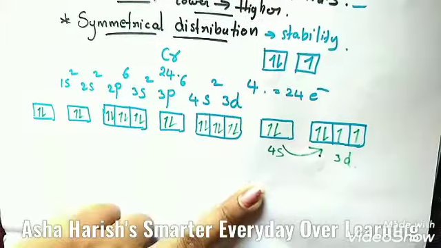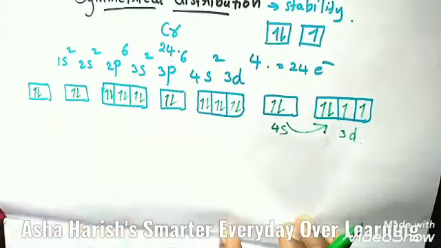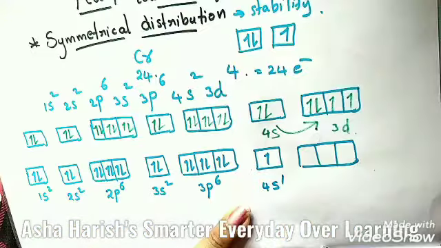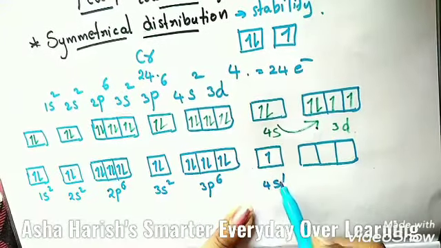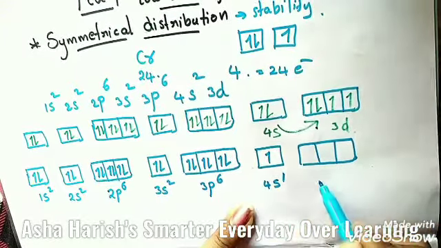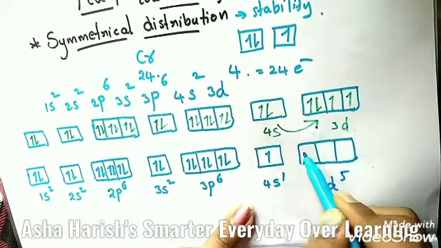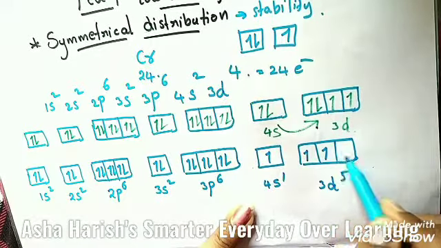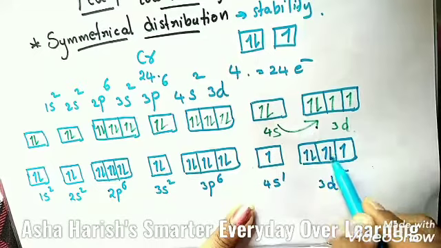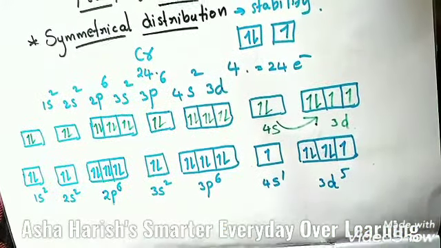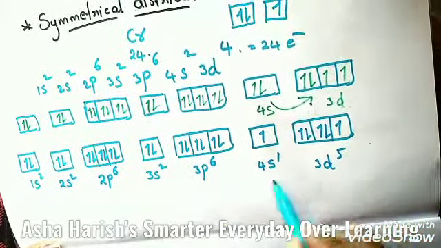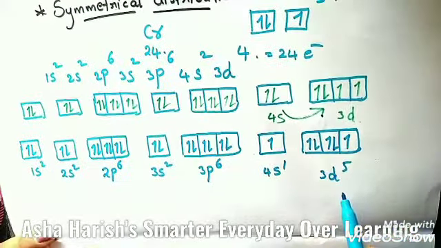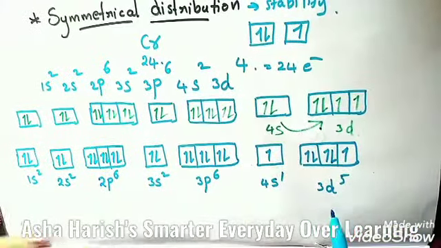Then the electronic configuration should be like this, students. I am writing here, you can see, 4s1 should come, and here 3d5. You can draw like this, 3, 4 and 5. So students, 4s1, 3d5. This is the exceptional configuration of chromium.